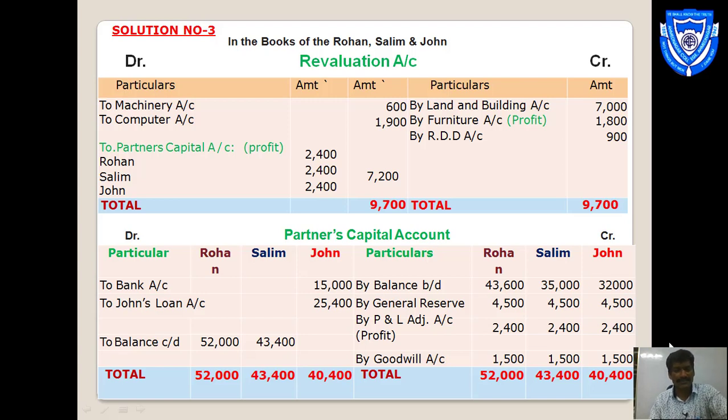Take it on the debit side, rupees 40,400, and deduct the debit side of John, that is rupees 15,000, from 40,400, and I got one balance amount, that is 25,400, and it will be transferred to John's loan account. It will not be paid in cash, and this loan account will be shown on the liability side of the balance sheet.